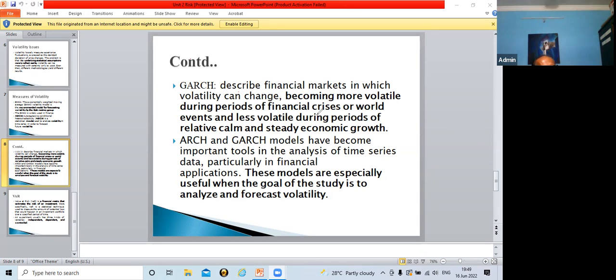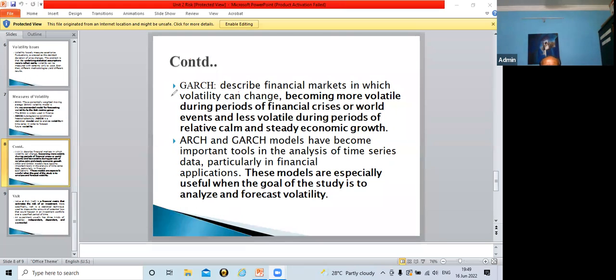Vice versa, suppose everything is fine, there is no climatic adversity, no political adversity, and health-wise there are no diseases or worldwide spreading diseases. At that time, how was the economic growth? That is also measured, and that measurement is known as GARCH.